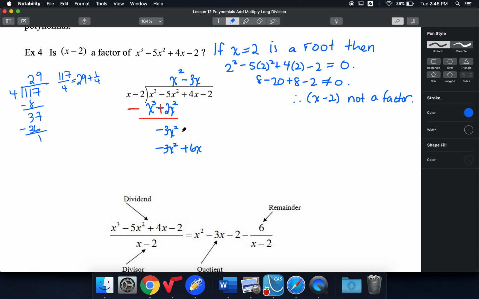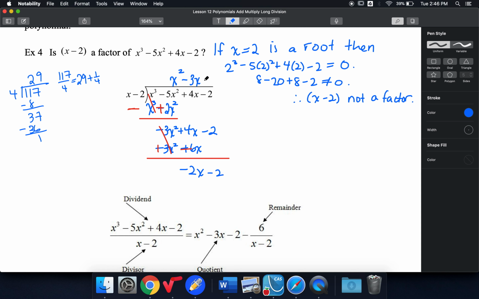These terms drop down, 4x minus 2. Draw the line, change the signs. So draw, change, change. That's going to cancel, and always we should have cancel, cancel. So 4x minus 6x is negative 2x. Bring down the minus 2.